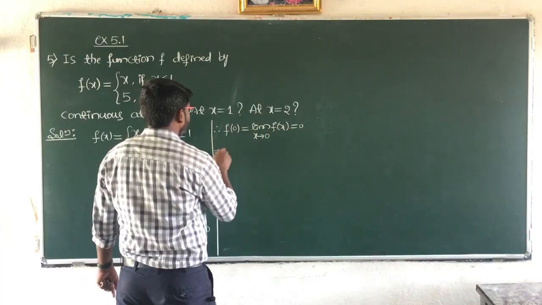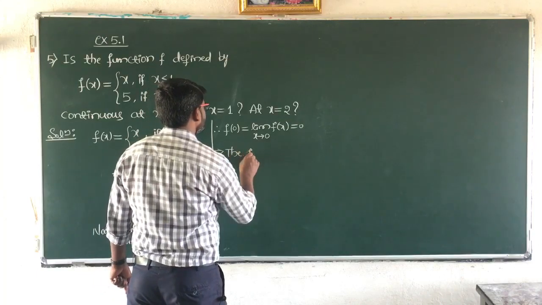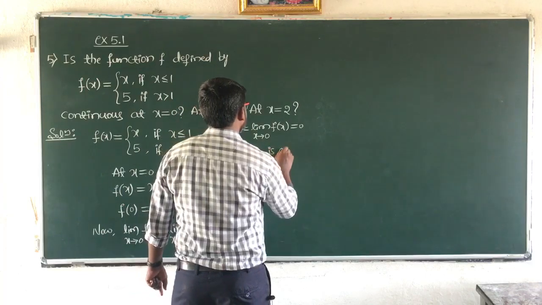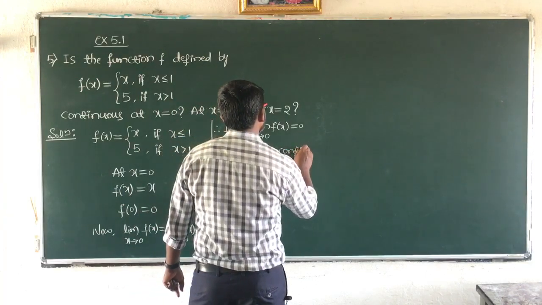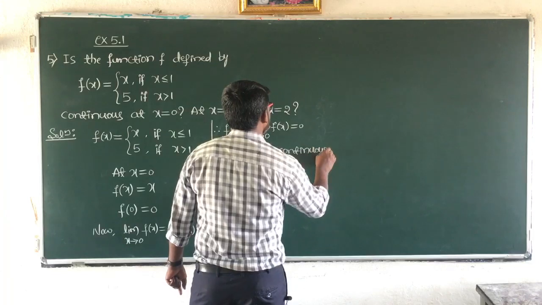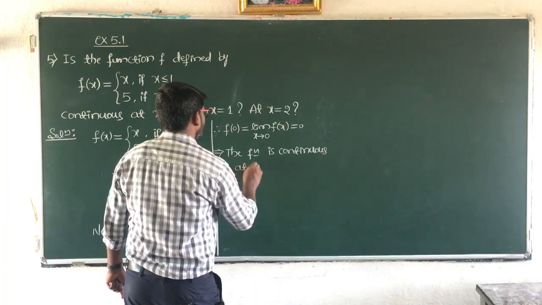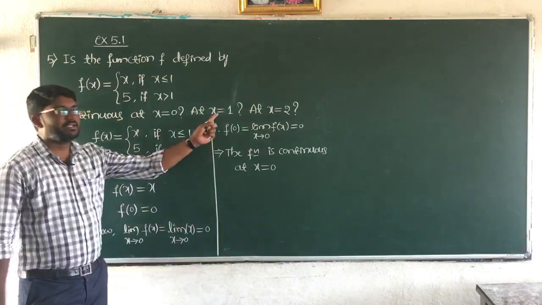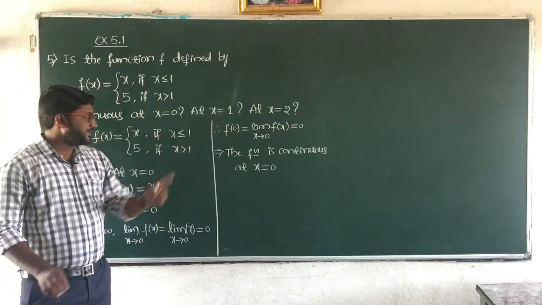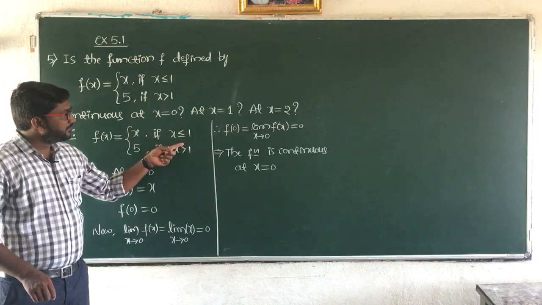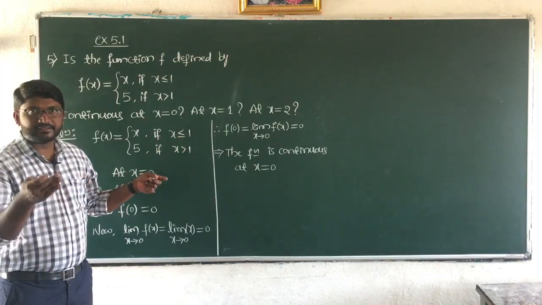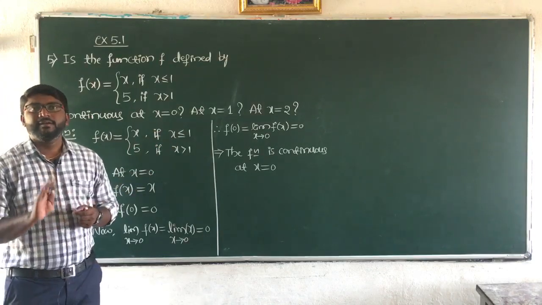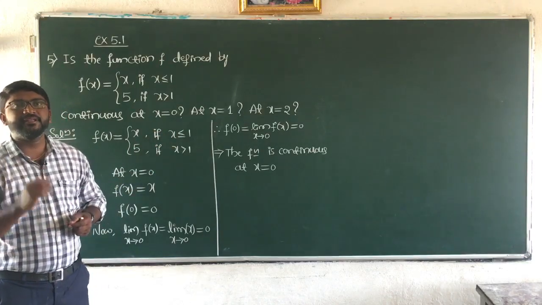This implies the function is continuous at x equal to 0. So now we have to check at x equal to 1. See here, at x equal to 1, less than 1 and greater than 1, the function is changing. So that means we have to go for the left hand limit, the right hand limit and the value of the function.